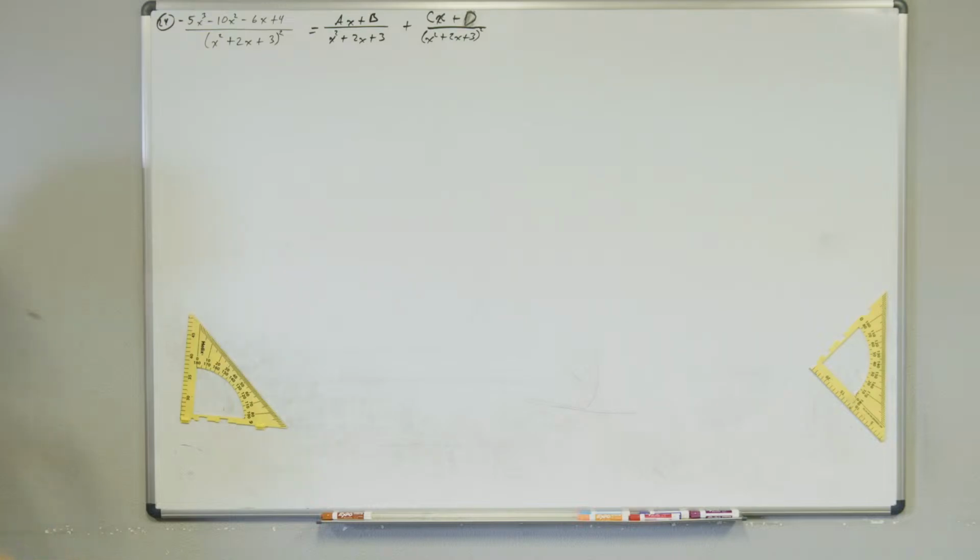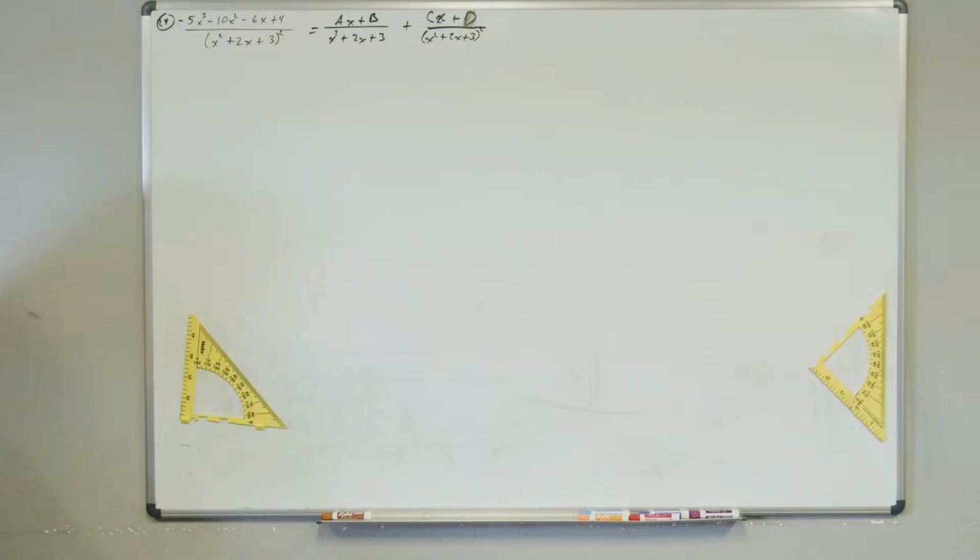The denominator is how you know how many fractions you have, and you put the top ones based on that. So if there was a 7, it would be A over X plus, not over, but yeah. If there was a 7, then you'd have 1, and then you'd have 3, and then 3.